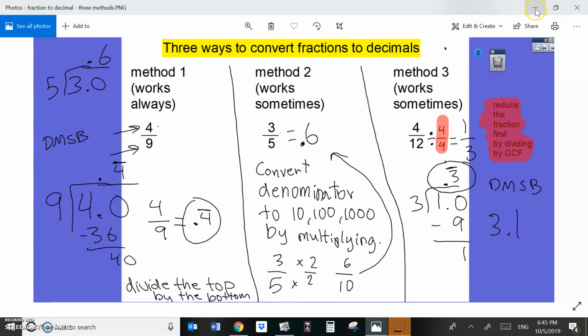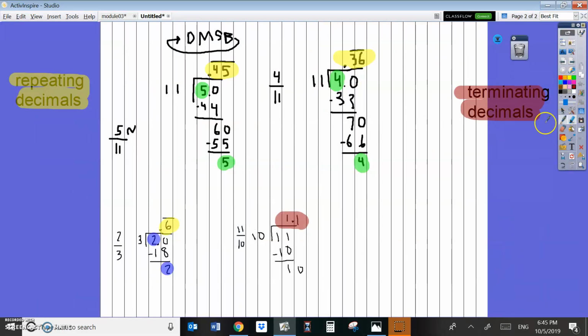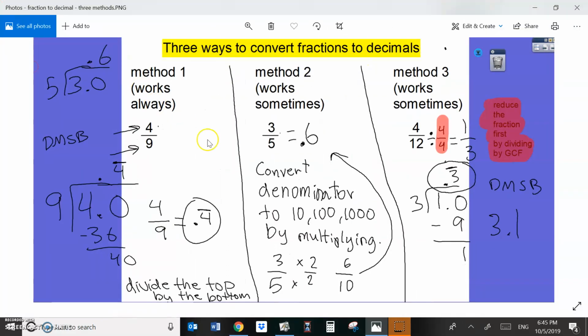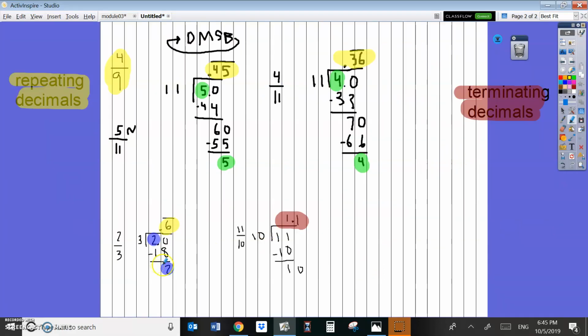So let's put that in that other screen. Four over 9 is also repeating. And 1/3 was also repeating. So that's the same as this one here.